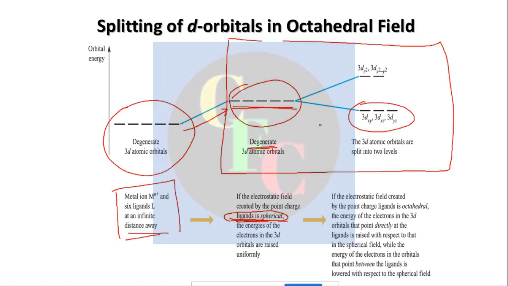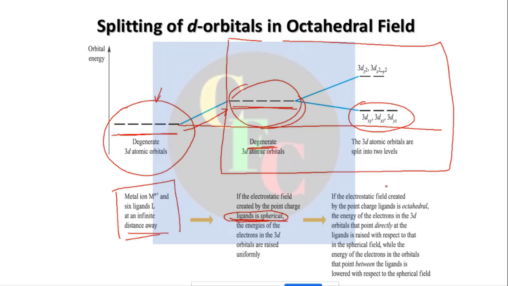But they will never go below the isolated metal ion. It cannot go beyond this, because this is isolated, it is always lower in energy, not experiencing the repulsion. Here there is some repulsion, however less, and it is going up, but compared to the spherical field, it has gone down.